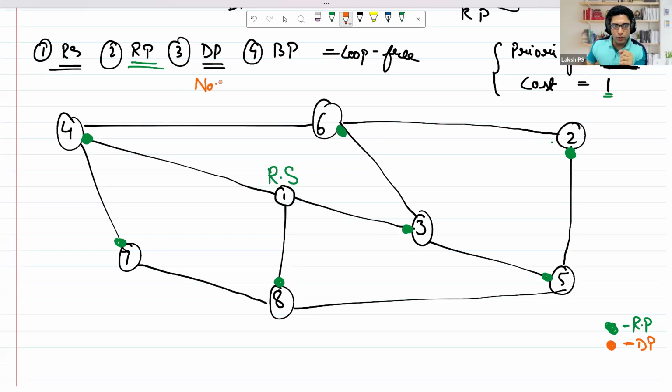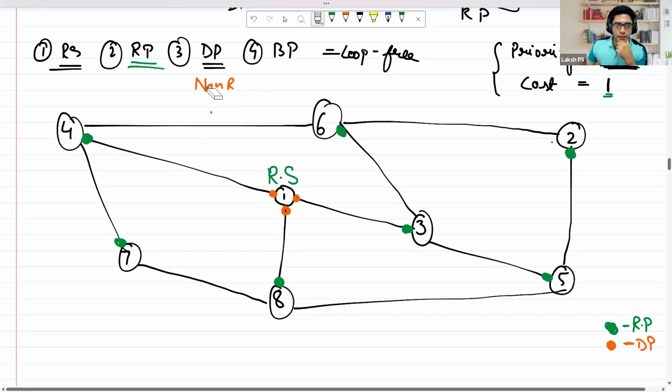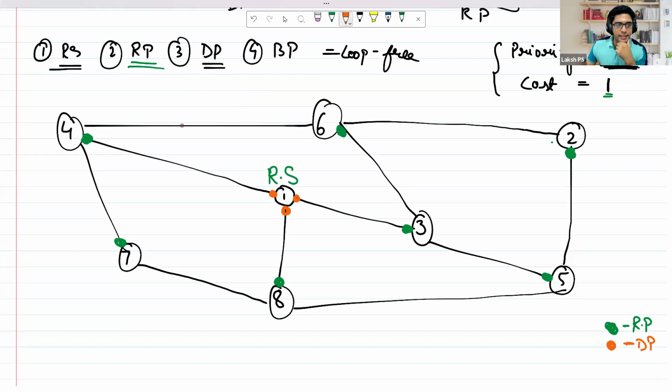On your non-root switches, all the interfaces except your root port are designated ports, and on the root switch, all ports are designated. Then on all your non-root switches, every other interface except the root port is a designated port.